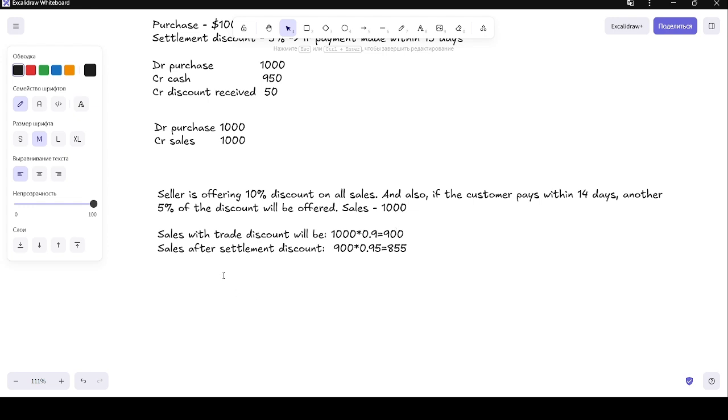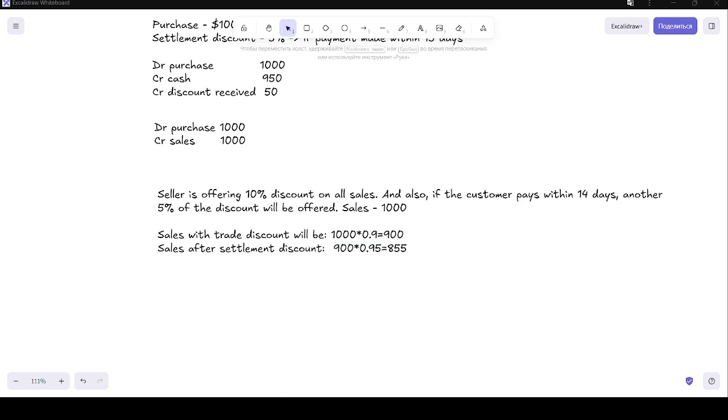Sales after settlement discount will be calculated from the net amount of the sales after the trade discount, reducing the sales by 10%. We will calculate our settlement discount. And this is our third lesson. Take care.